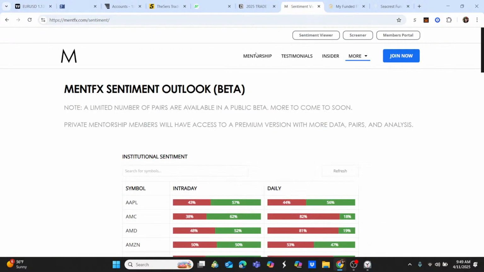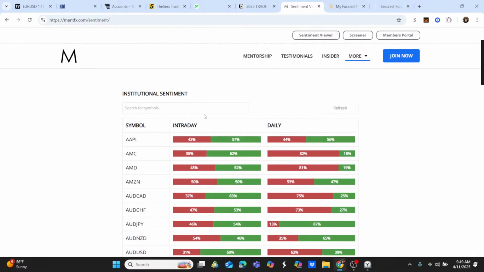Let me see if there's any markets that are possibly in a good context.